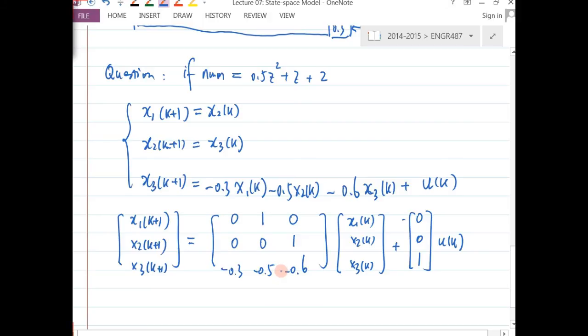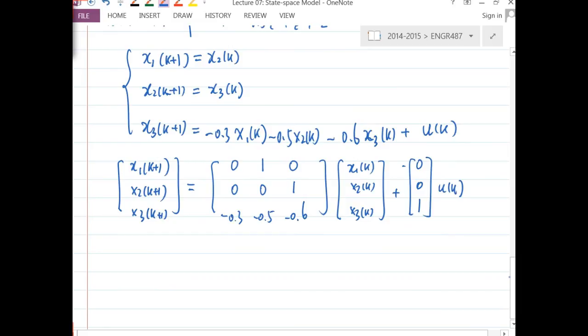As long as you can put your state space model into control canonical format, the system is controllable. Controllable means that for any initial state and any desired final state, you can bring the system from the initial one to the desired one by applying a certain set of control inputs.